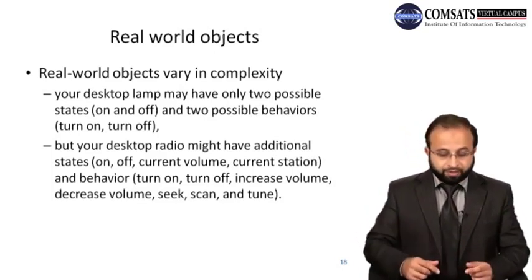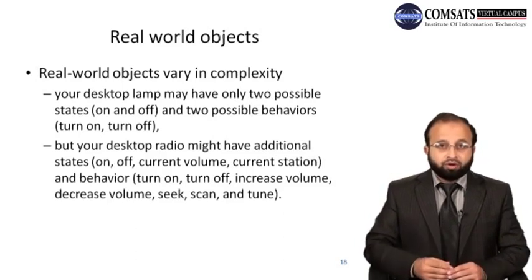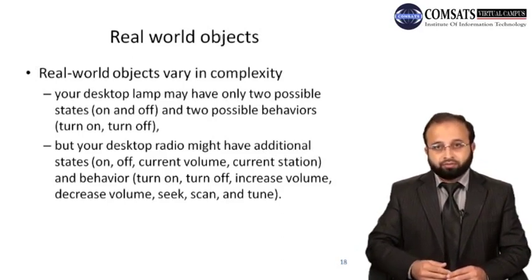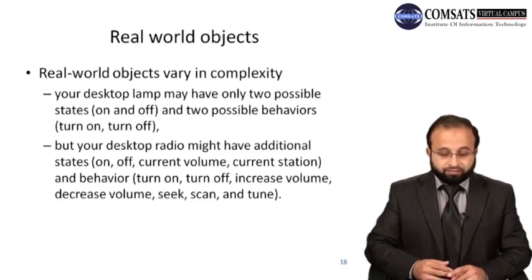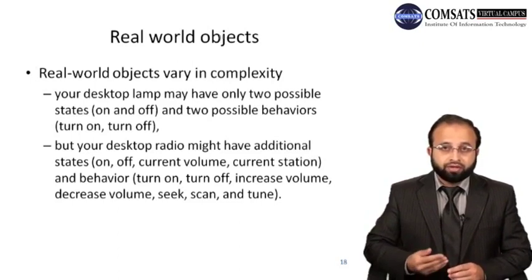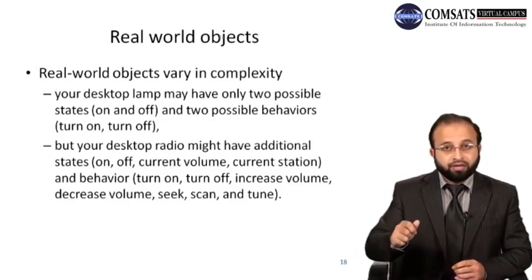So let me repeat it. For every real world object, you can change the state of that object by executing the respective behavior of that object. For example, in case of desktop radio, if you want to decrease the current volume, for example, the current volume is 10 and you want to decrease it to 7, you have to execute the behavior of that radio.